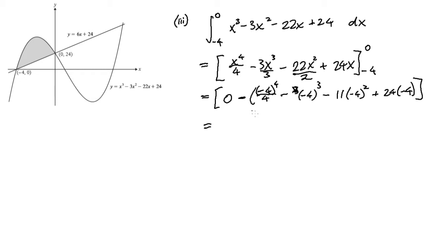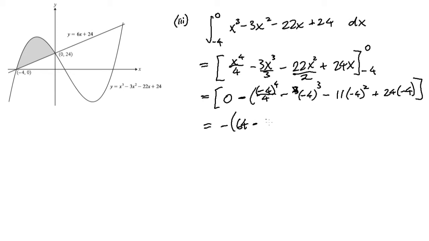So -4 to the 4 divided by 4 is just -64. Well, it's actually plus 4 cubed, which is 64. Make sure you do all the signs correctly, and this negative is outside, so make sure you bracket everything.